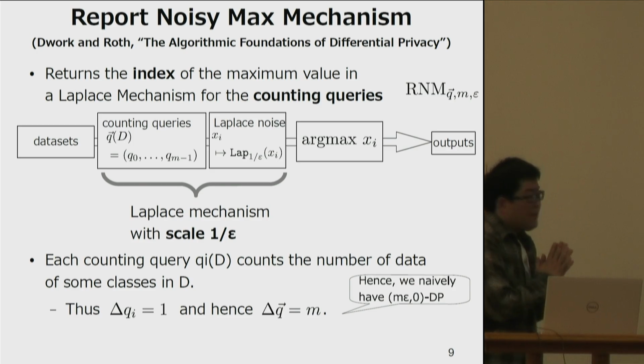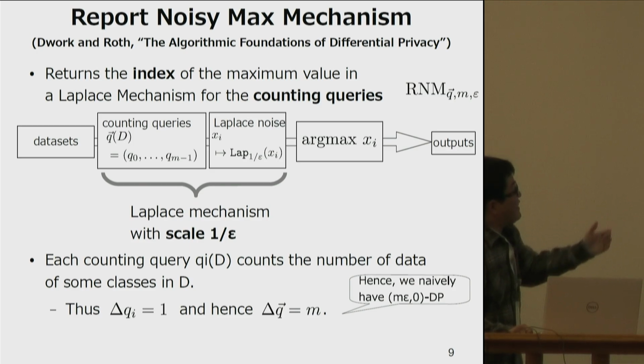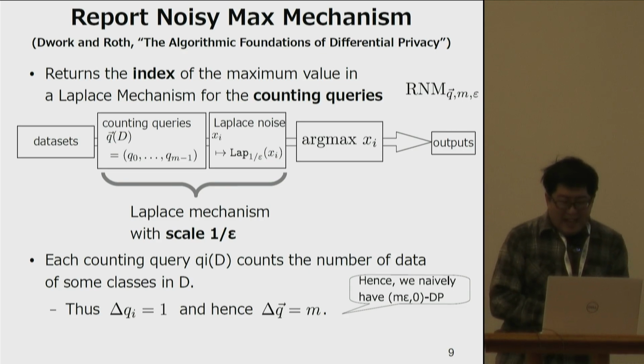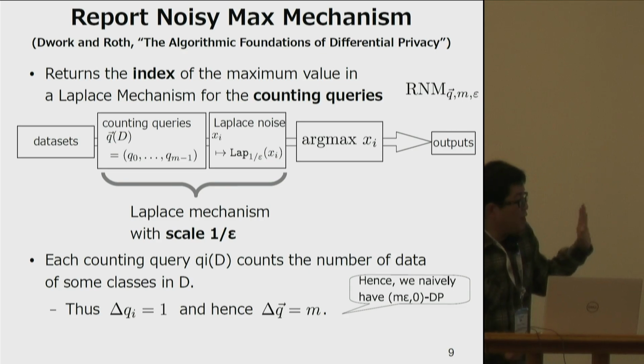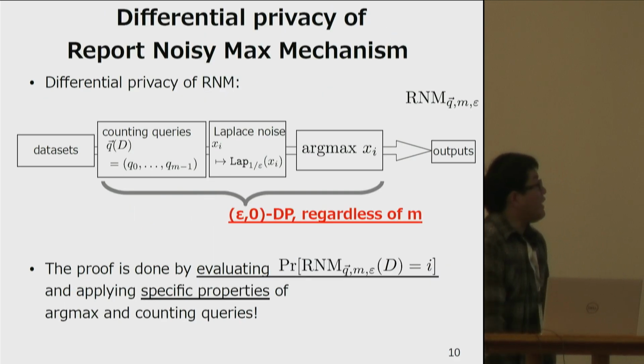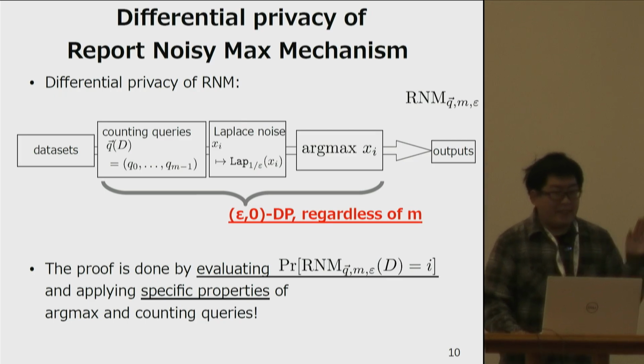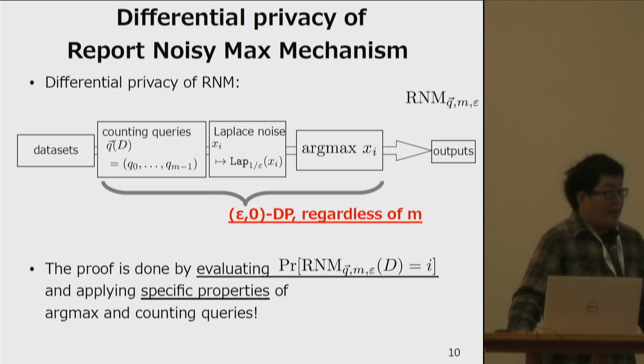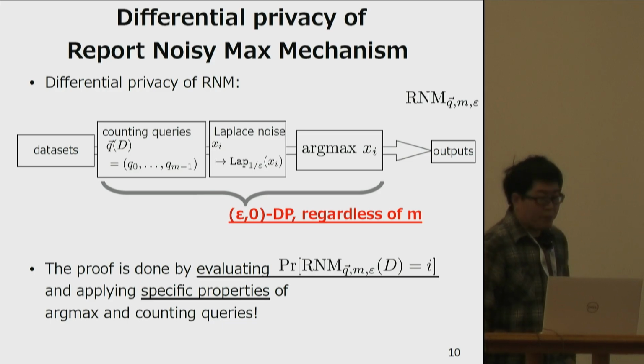Naively, the differential privacy of the report noisy max mechanism can be evaluated as (mε, 0)-differentially private. However, it is actually (ε, 0)-differentially private regardless of m, the number of counting queries.